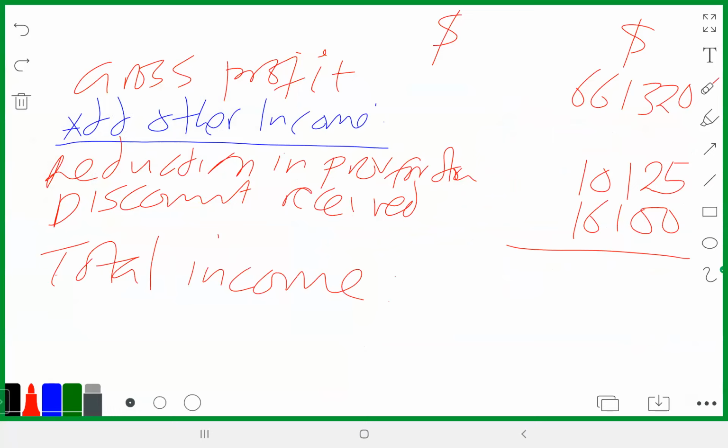What's our total income? Just add everything now: gross profit plus these other incomes. What's the total income? 687,545.